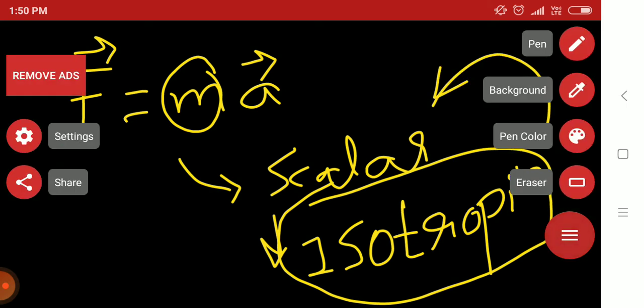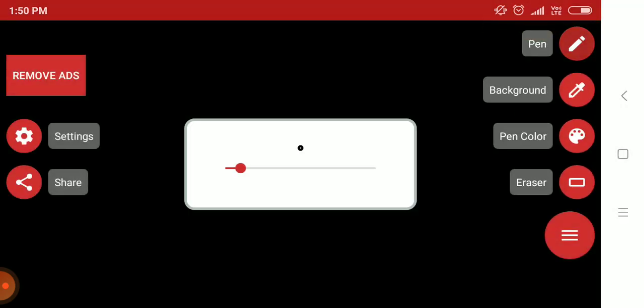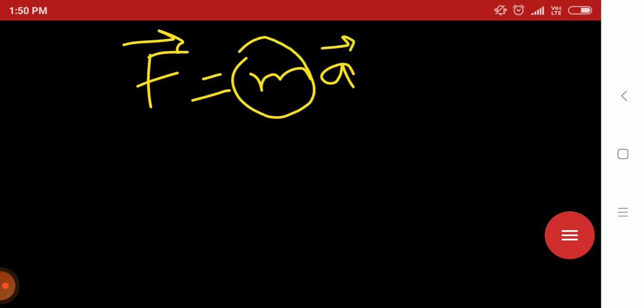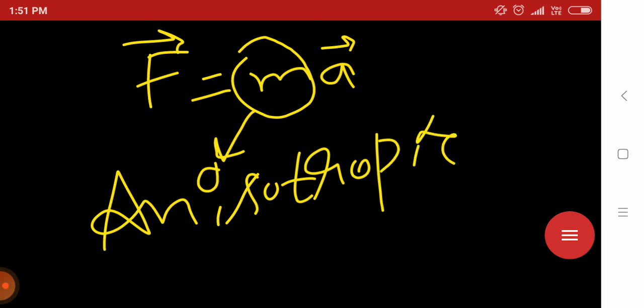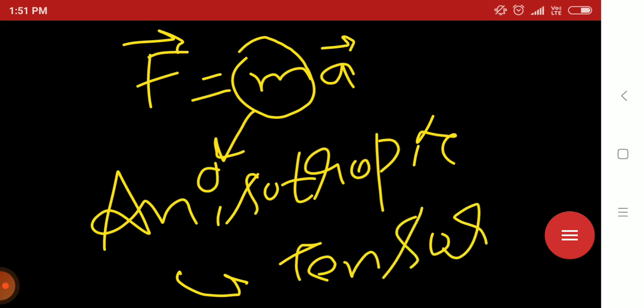But when we write F equals m into a vector in an anisotropic medium, we will not call it scalar, we will call it tensor. That means this physical quantity we will call a tensor in an anisotropic medium.